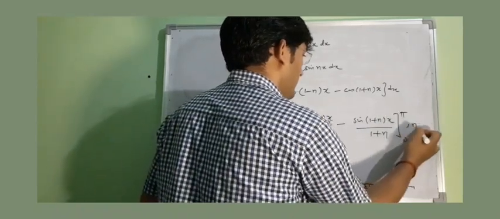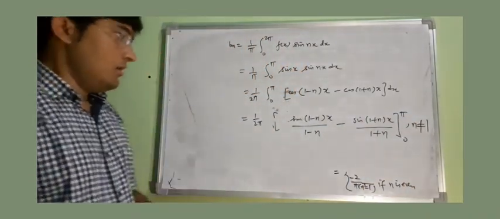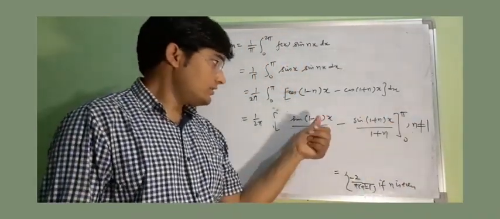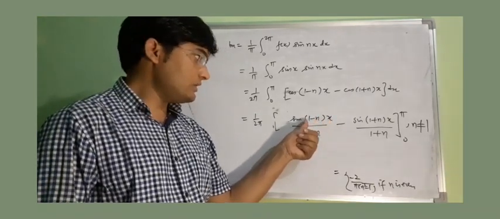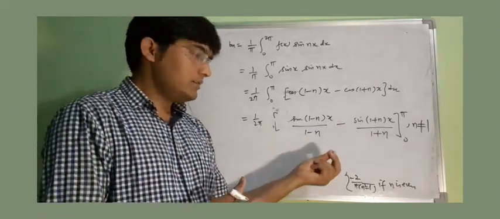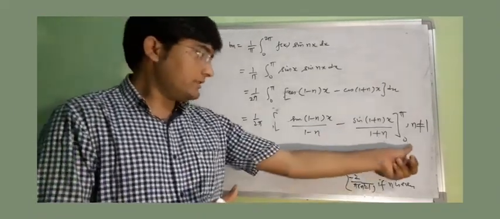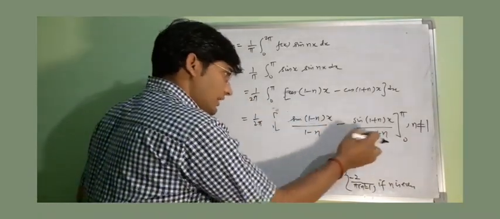Please remember n should not be equal to 1. Now you can see that the upper limit will be 0, because the upper limit means the sin 1 minus n pi. As sin is a multiple of pi, so this will be your 0. Again the lower limit will be 0 because sin 0 is 0. So you can see that this term is 0 and again this term is 0.